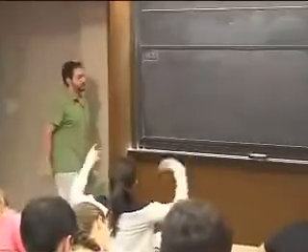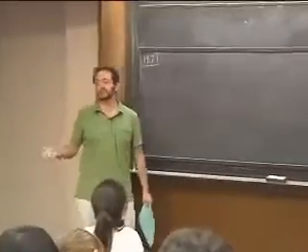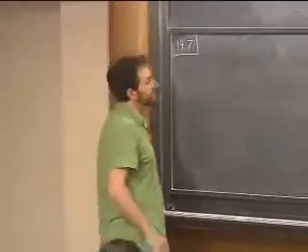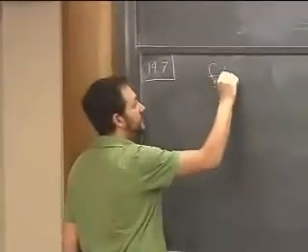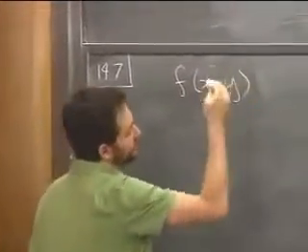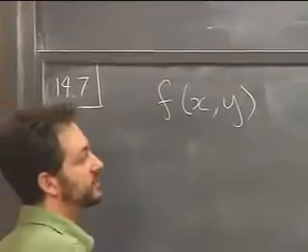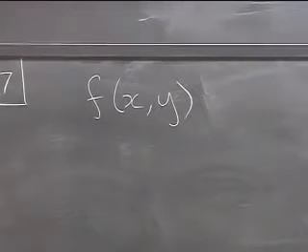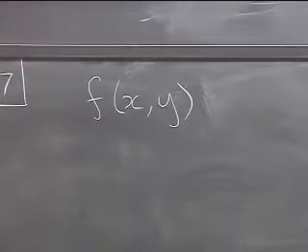And what it comes down to is this. A critical point was where the derivative vanishes, or is 0, or does not exist. That's in one variable. In two variables, if you have a function of 2, and of course this also can be extended to 3, but let's just concentrate on 2 variables. If you have a 2-variable function, f of x comma y, then the deal is this.